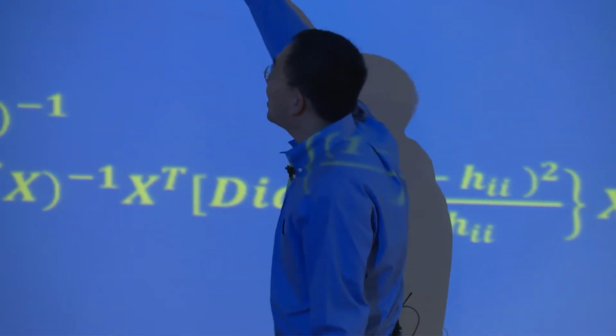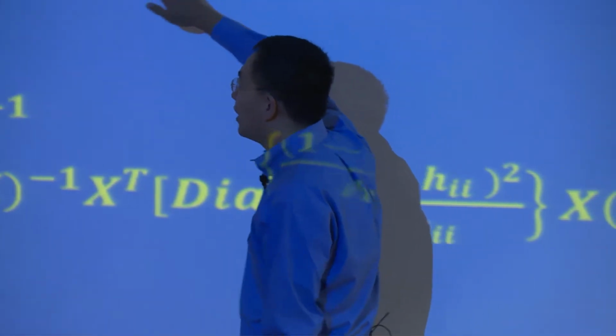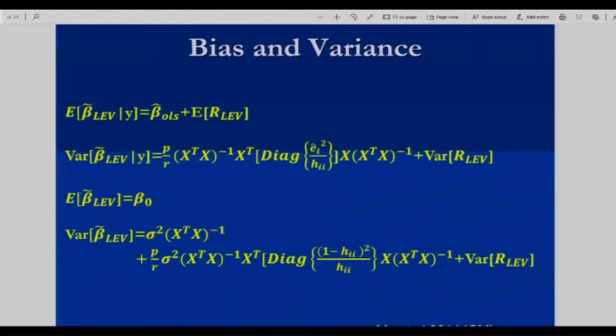Here is essentially this, and then this is the variance. But once again, if you are interested in estimating the underlying true coefficient, then yes, you get the unbiased estimate, and then you get this variance, and it's complicated. All these higher residual terms, suppose they are well controlled, then we can only look at the first few orders.